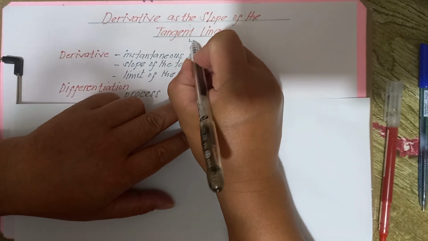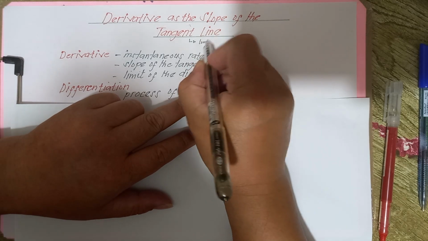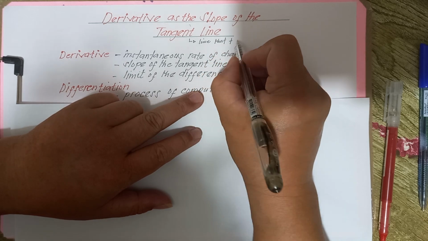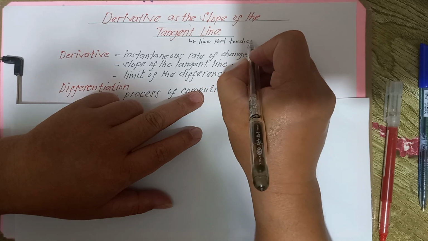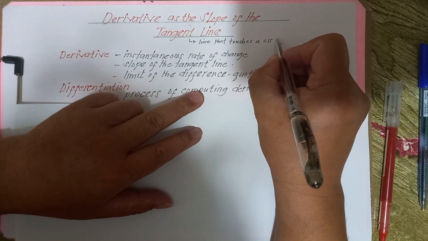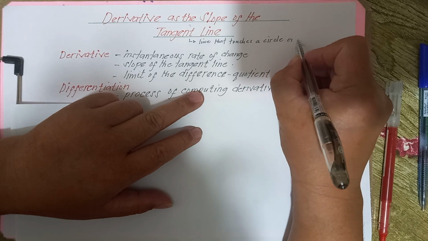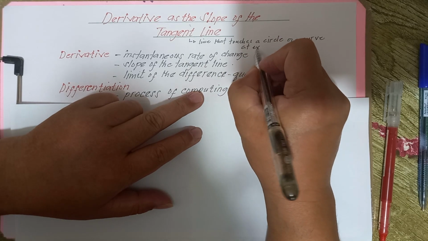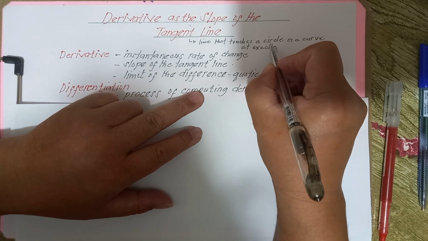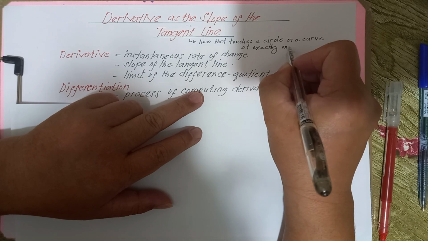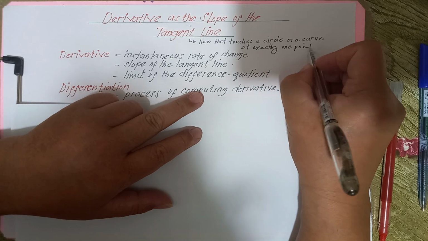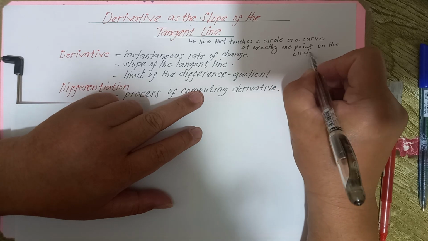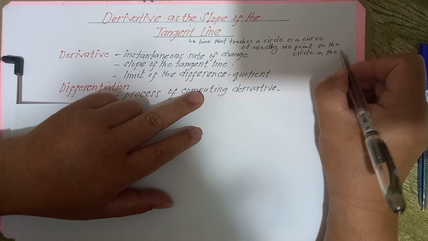that touches a circle or a curve at exactly one point on the circle or the curve.